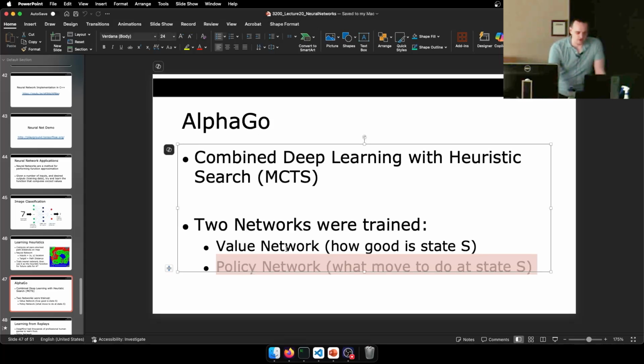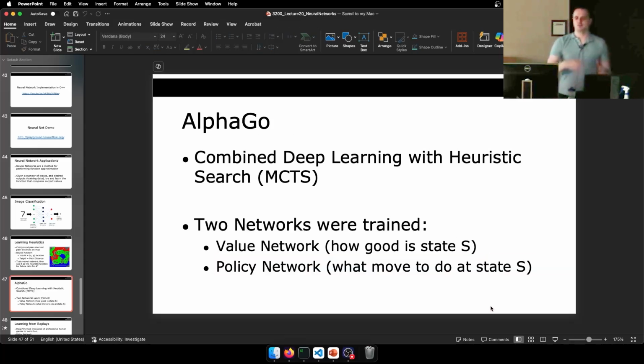And then they also trained what's called a policy network. So the input to that neural network was, again, the state of the game. And the output was, how likely should you be to take any of the moves on the board, right? So what are, for example, the top 3 actions that I should take or consider at this state of the game? So it looked at a bunch of games, saw what human professionals did, and said, okay, if it's this state of the game, you should do this move or this move or this move.